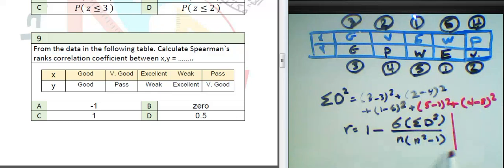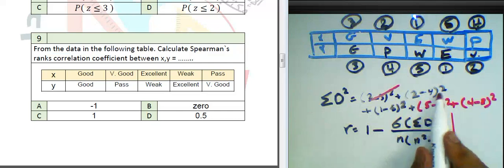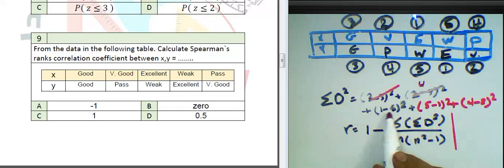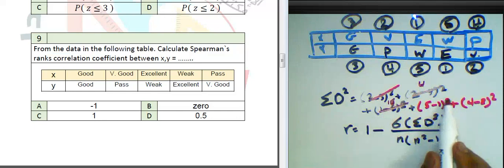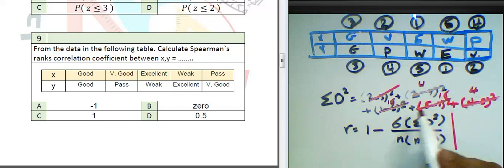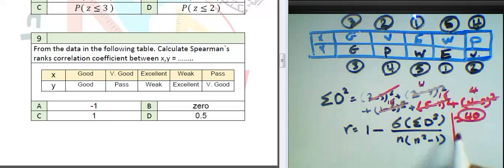We can find the result here 0, and here 4, and here 16, and here 16, and here 4. 4 plus 4 is 8, 8 plus 32 equals 40. So the result will equal 40.